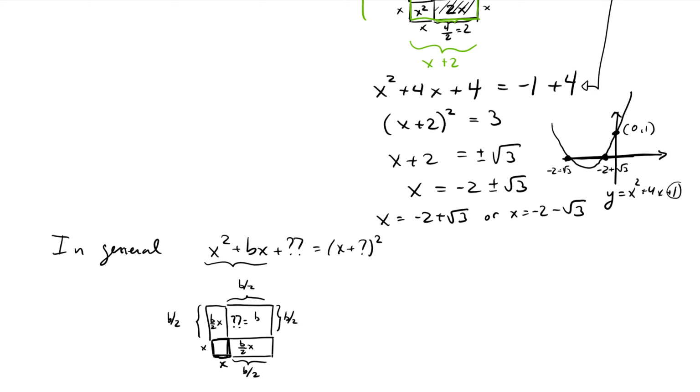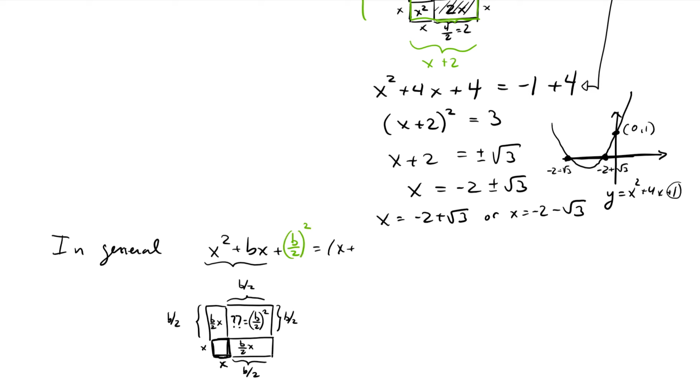So this is going to be (b over 2) squared. This is what I'm looking for here. The expression I'm looking for is (b over 2) squared.